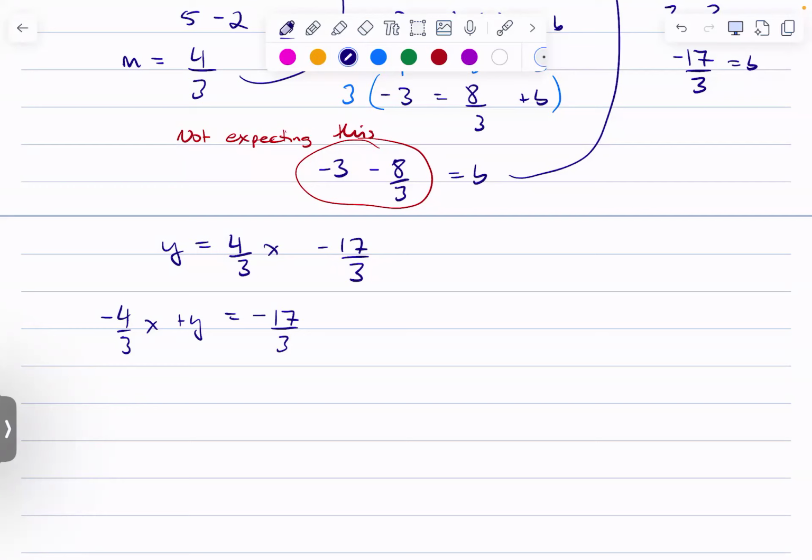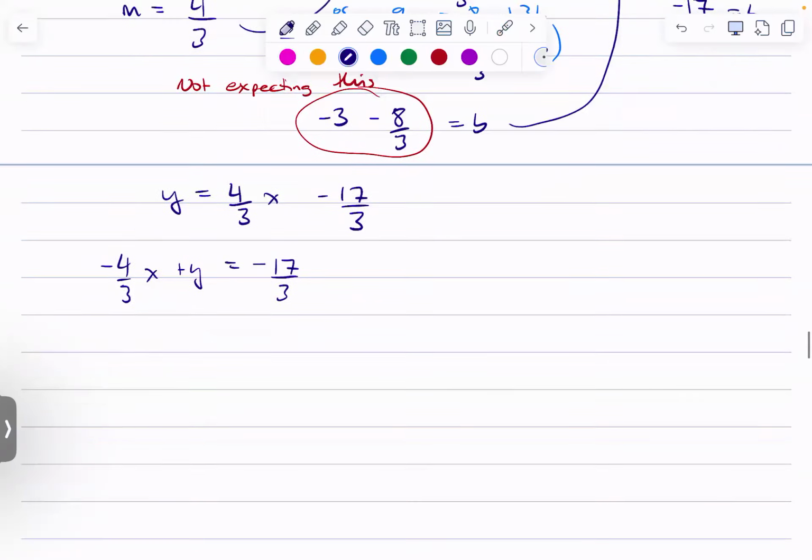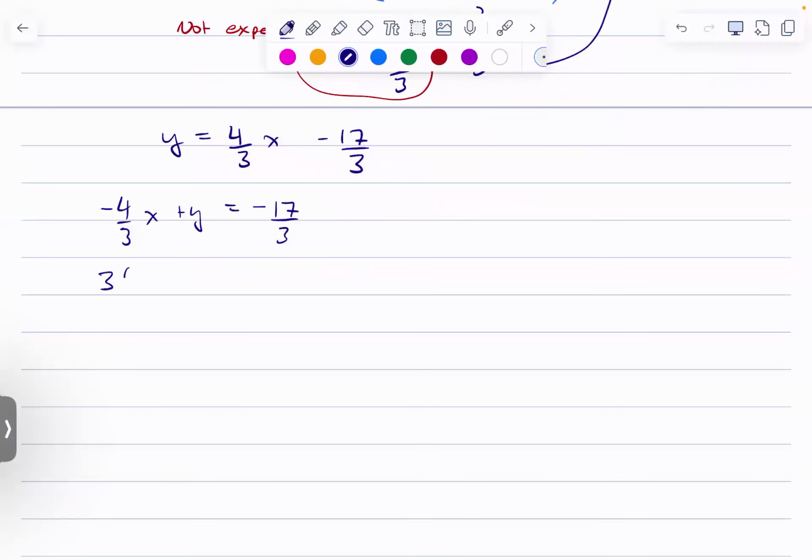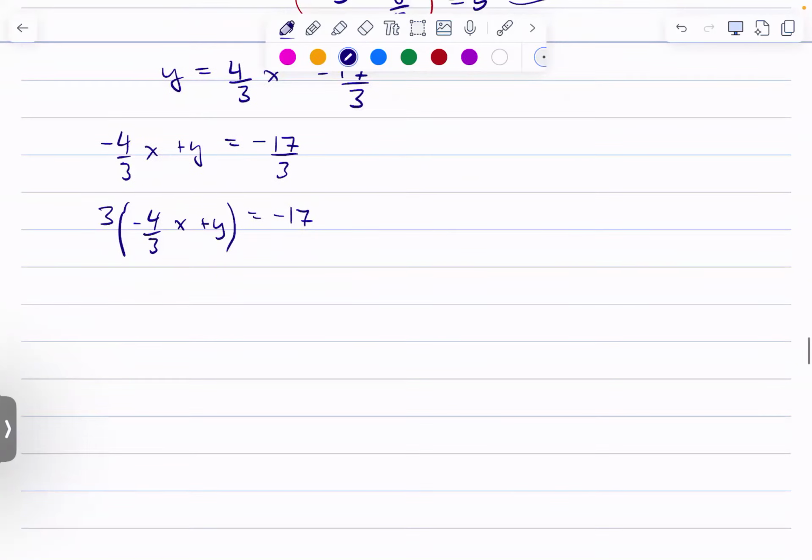If you multiply this 3 over to the other side, you get 3 times -4/3x plus y is equal to -17/3 times 3. So then you get -12x plus 3y is -17. Same thing.